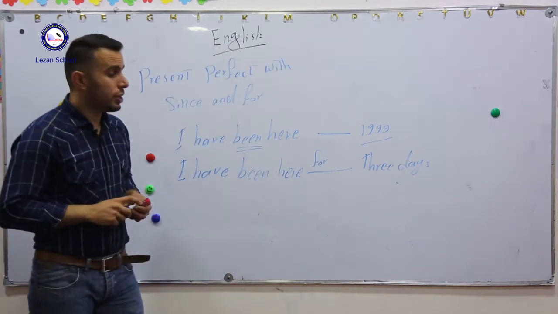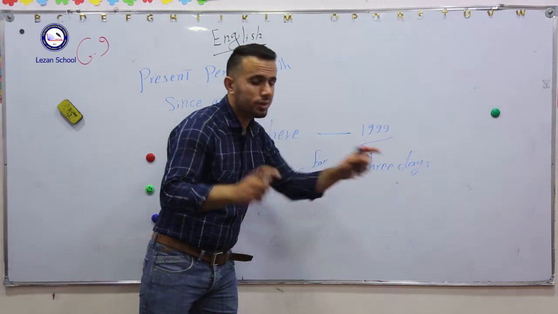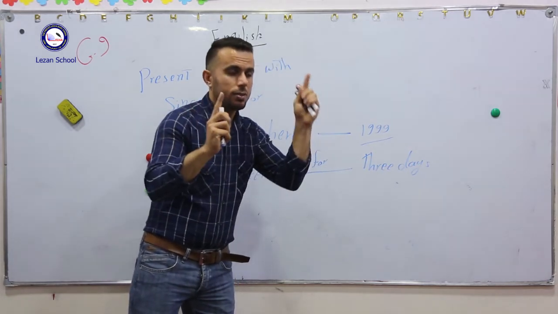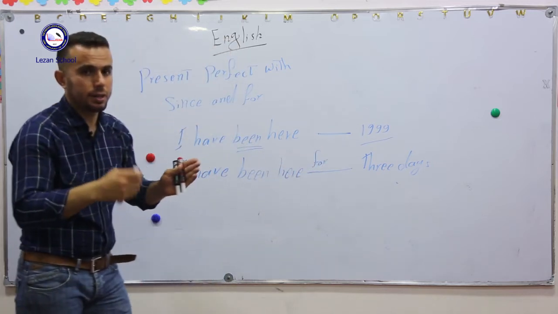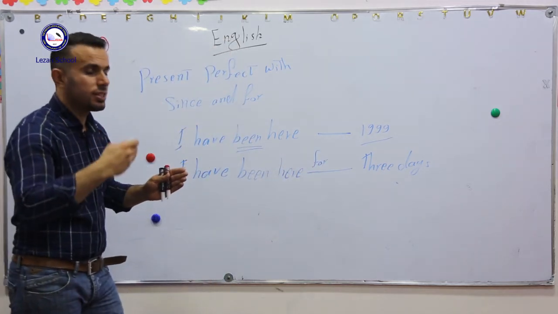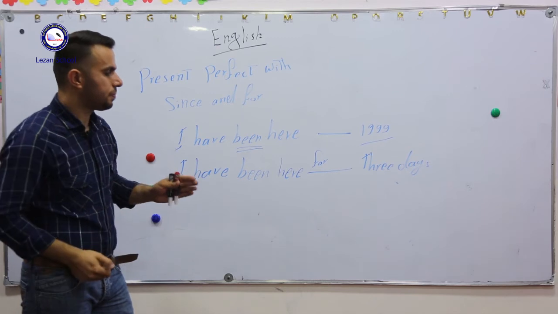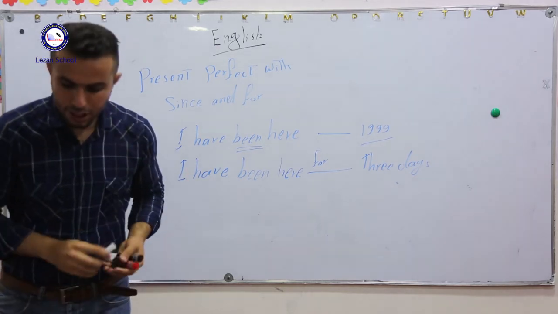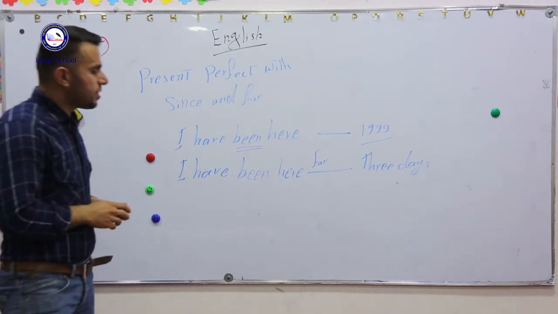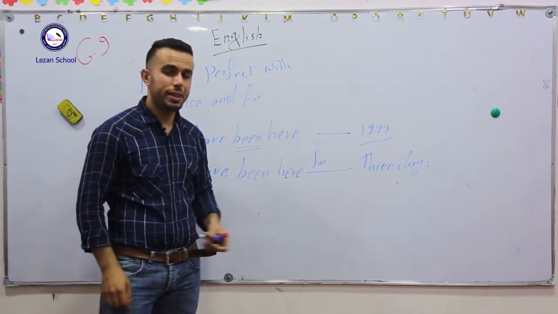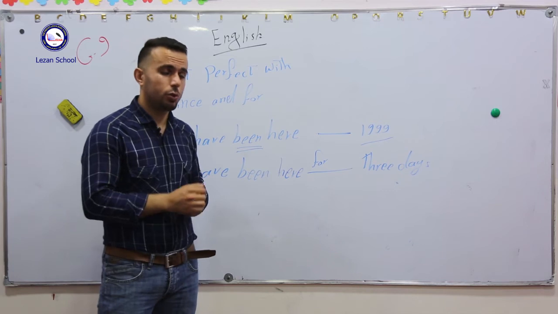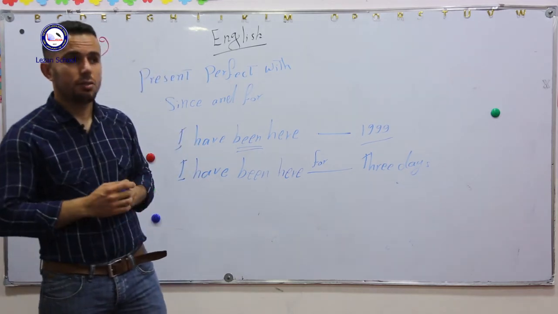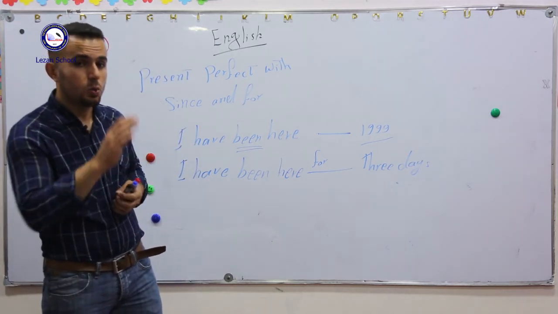I told you the duration of time. The duration of time is what? 3 days. Day 1, day 2, and day 3. But for day 4, I left here. I went somewhere else. Guys, do not forget, we use for with numbers mostly. 1 hour, 2 hours, for 2 hours, for 3 hours, for 5 minutes, with numbers.